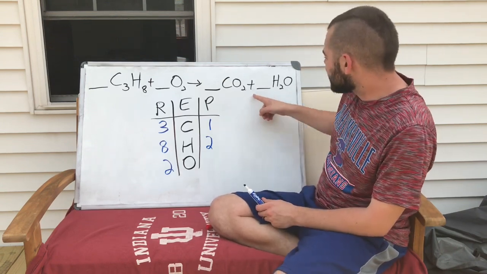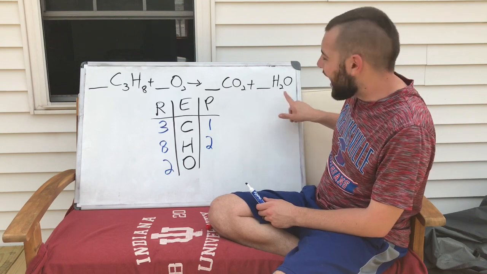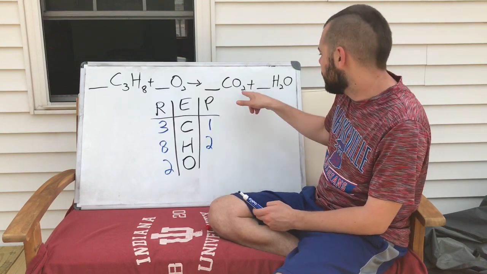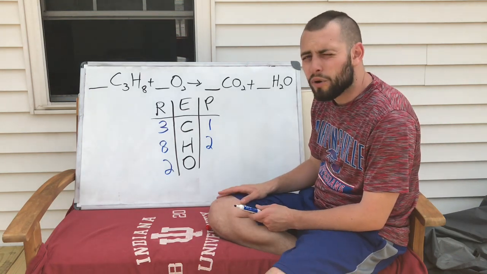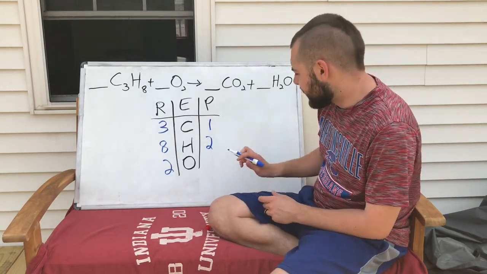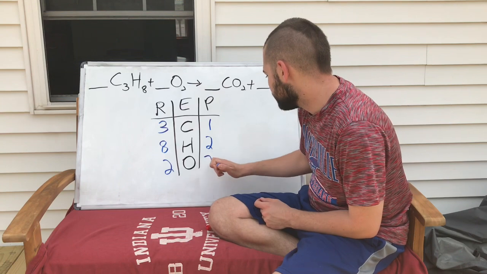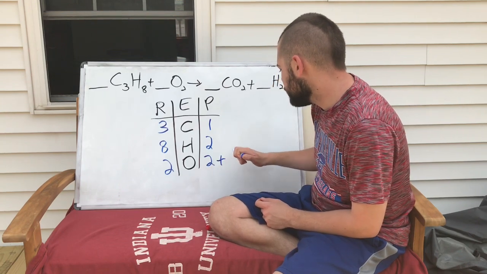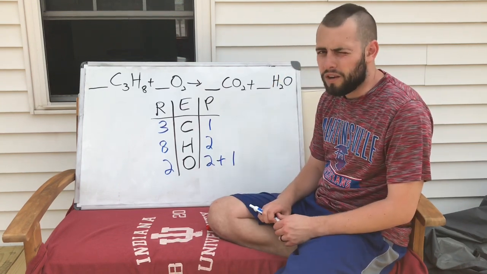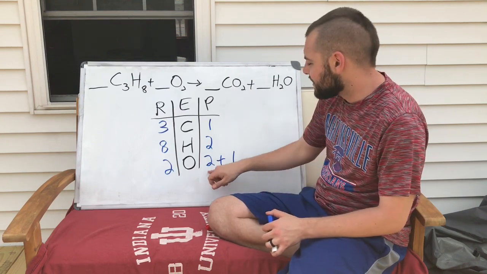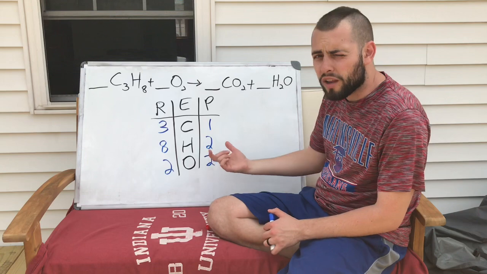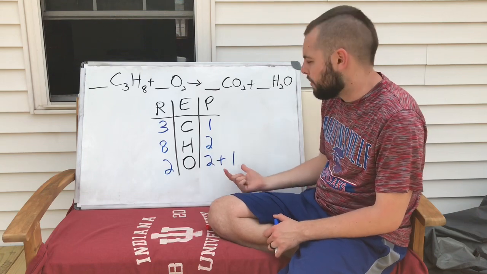For my oxygens, I could put a 3, 2 here and 1 here. But rather than putting a 3, Mrs. Fack suggests that you do it this way. 2 plus 1. This shows that I still have 3 oxygens, but it's broken up between 2 compounds.